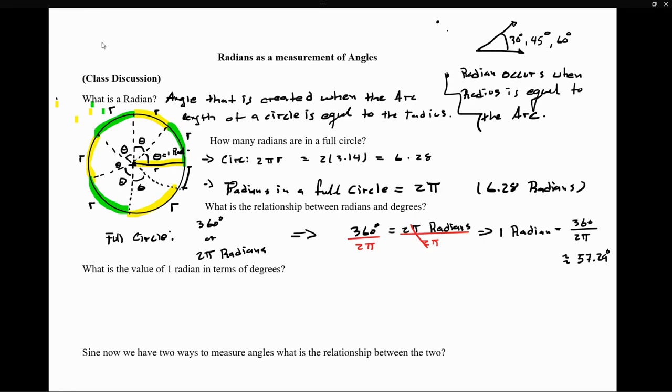So if this is what 1 radian is equivalent to, then that is exactly what we can put here as an answer. So what is the value of 1 radian in terms of degrees? Well, we just said it. 1 radian is equivalent to approximately 57.29 degrees.